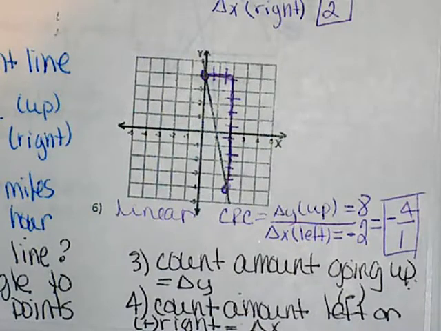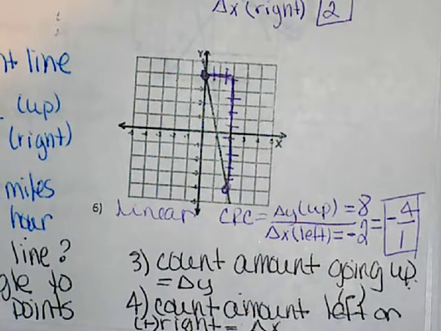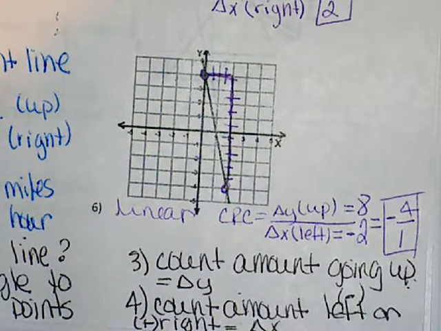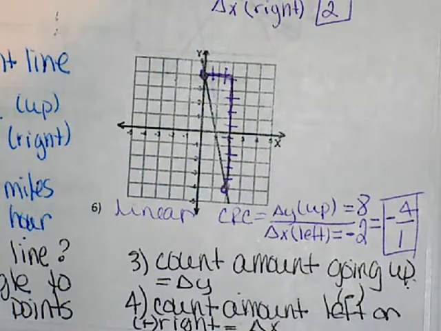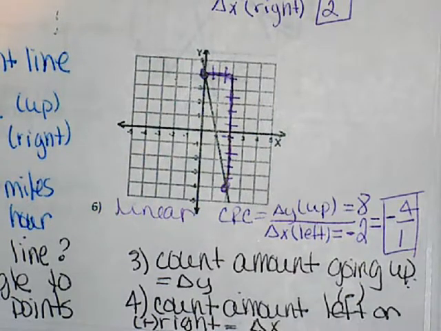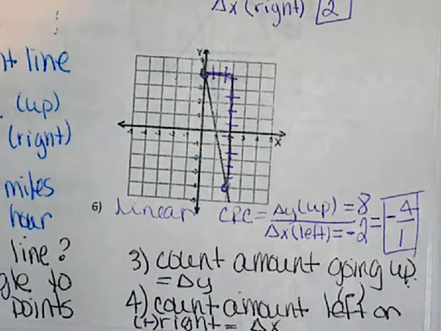Number 2, make sure you draw a right triangle to connect two major points above your line. Step 3, count the amount you are going up by for the change in y. Step 4, count the amount you are going left or right for the change in x. And remember, if you go left, it is going to be a negative slope.